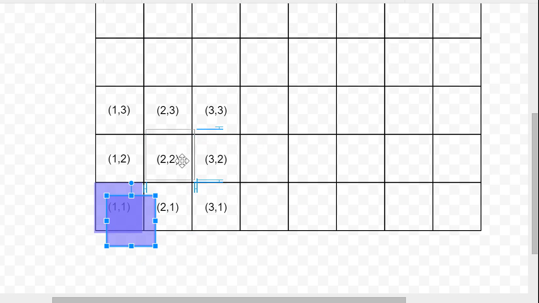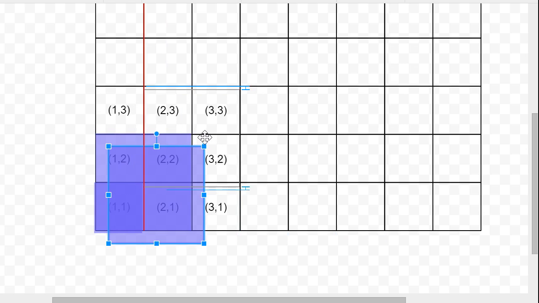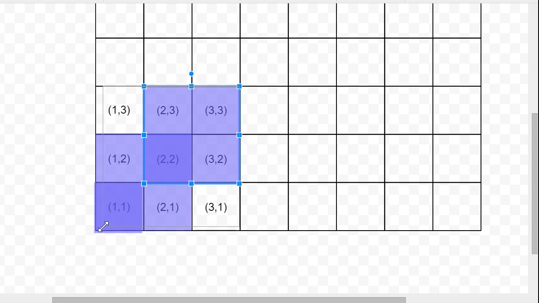Well, that's going to be all of this stuff. Right? Because as long as there's 1, 2 in there, it'll give you these possibilities. And then how many ways can you roll a 3? Well, it's going to be these outer possibilities right here.